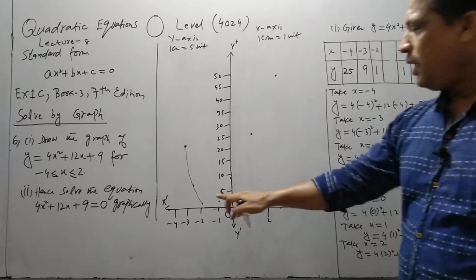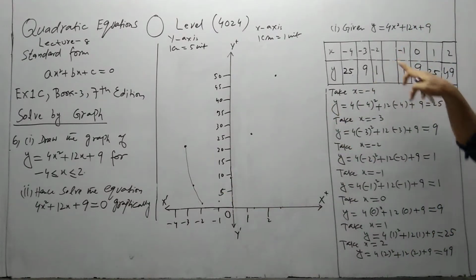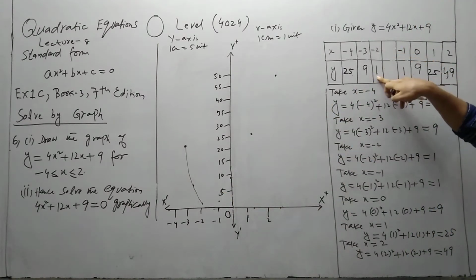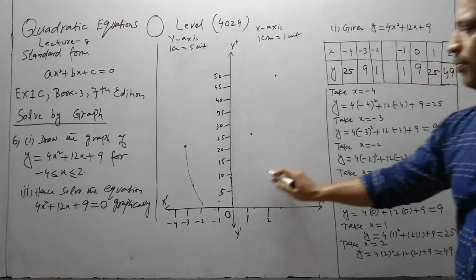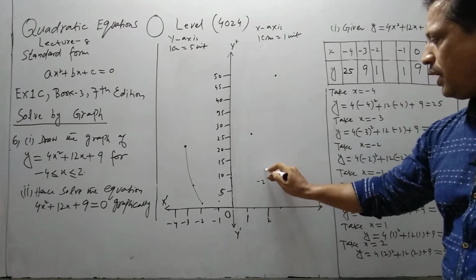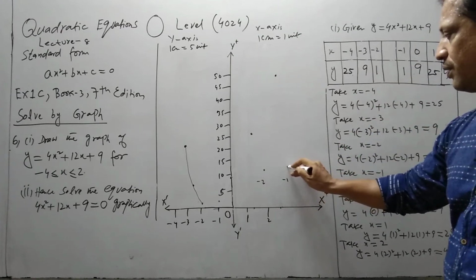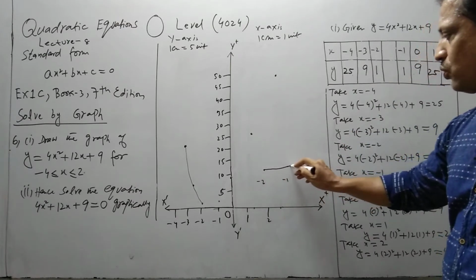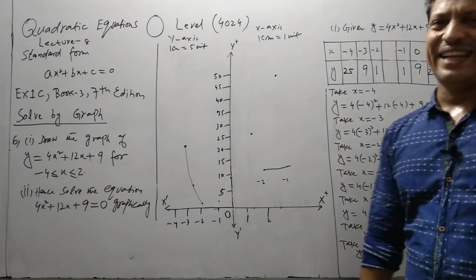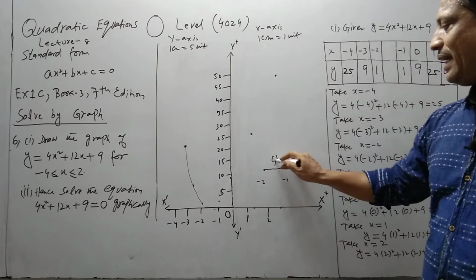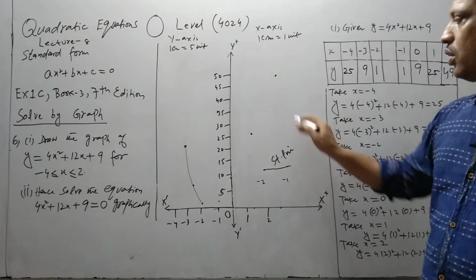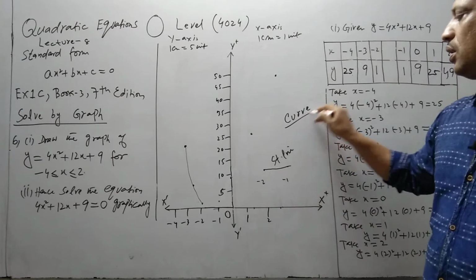Students, see carefully, minus 2, 1 and minus 1, 1. This is minus 2 and this is 1, and this is minus 1, this is 1. If I join these 2 points, I get a straight line, not a curve.